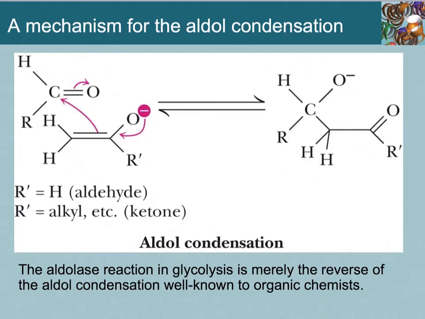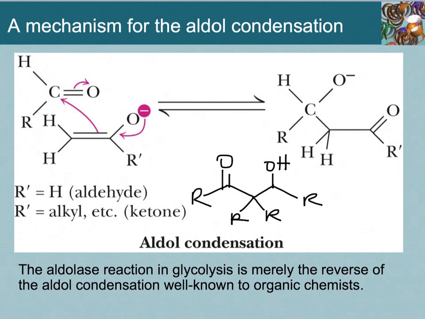Here, just to refresh everybody on an aldol. Okay, so an aldol has this generic structure here, where we have a carbonyl, a carbon in between, and then an OH group.